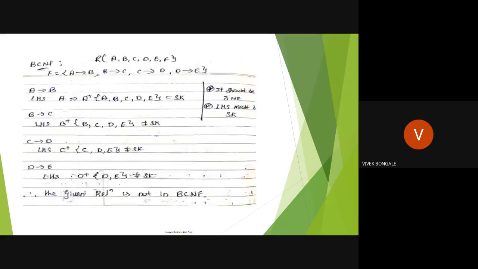Okay. Then how to find out the BCNF? Now what is the rule to find out BCNF? The table should be in 3NF. The table is not in 2NF, so how will it be in 3NF? It is not in 3NF, then obviously it is not in BCNF. How to find out if the given table is BCNF?